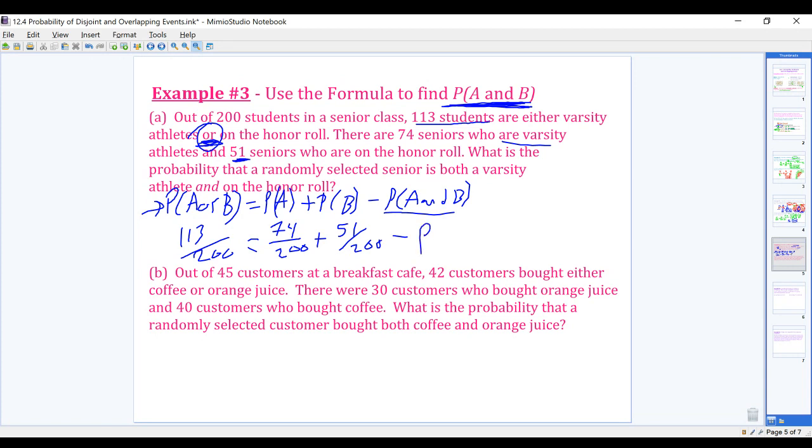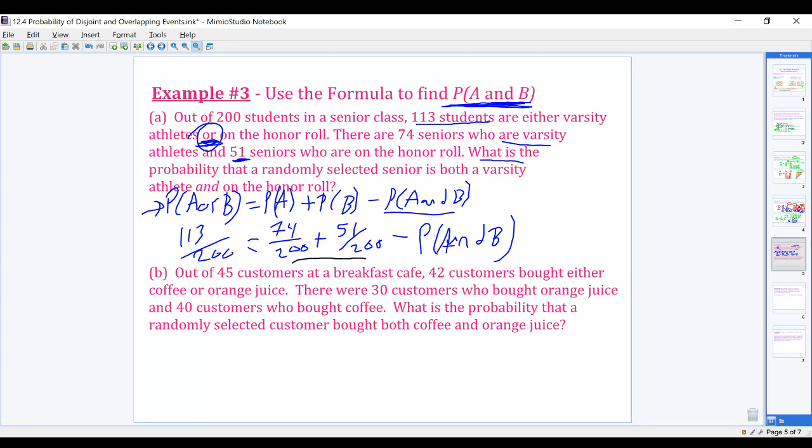And then we're going to be finding this. We don't have to read the rest, but we'll read the rest. What is the probability that a randomly selected senior is both a varsity athlete and a honor roll student? Okay, so probability of A and B. Okay. So now we just use some good fraction adding, subtracting skills.